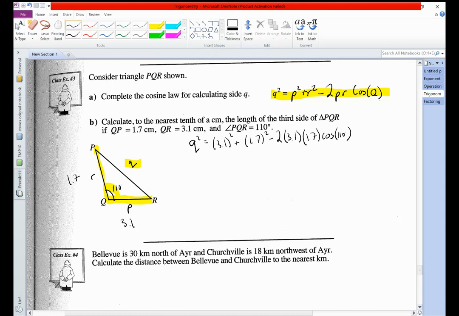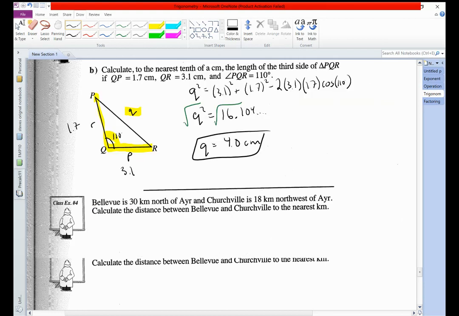Type all of that into our calculator, and we get q squared is equal to 16.104, so on and so forth. I can solve for q by square rooting both sides, and I get q is equal to 4.0 centimeters. Again, that's weird. Both of them are 4. Hopefully this is making sense.